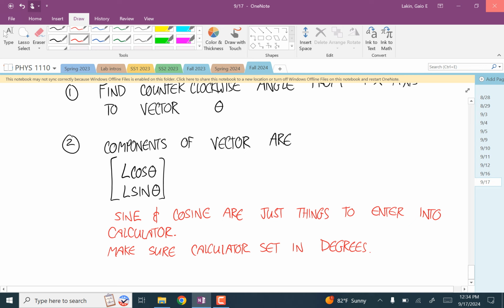And if you're not sure how to change that, it's usually under a button called mode on most calculators, but I'd be happy to show you how to fix that if you can't see it. And remember, the meanings of these are, this is the x component, and this is the y component.